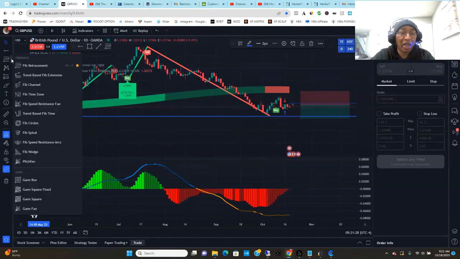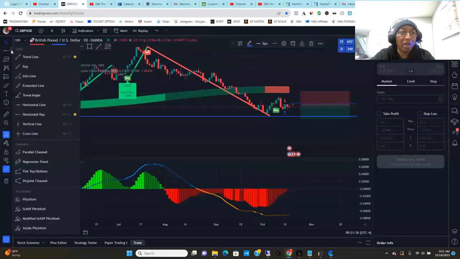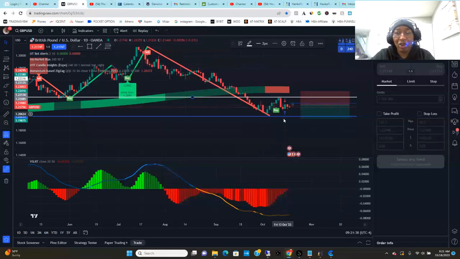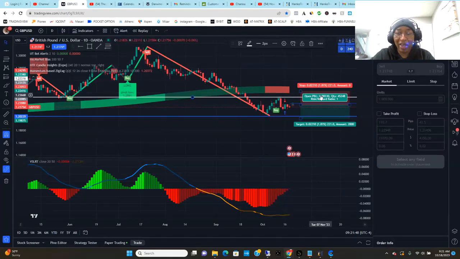You can draw another line. I'm sorry, let's look for the lines. You have that line over there. You can just come and draw that there. Okay, so you know the market is in here. So when the candles go and break above this resistance line, they start going up. Sometimes they come back and retest that line.